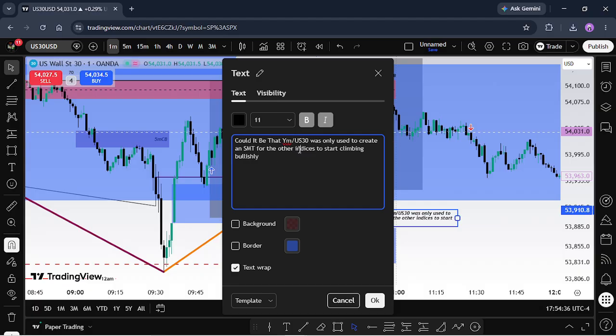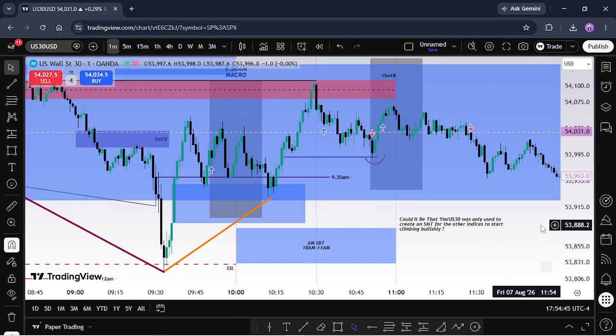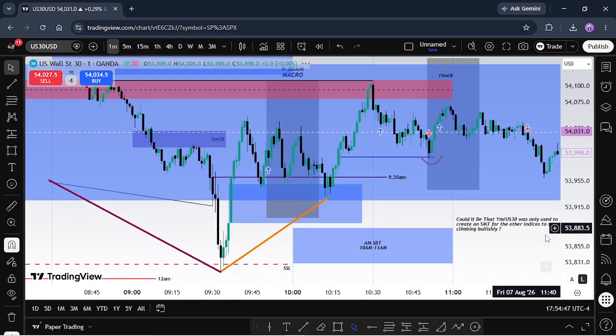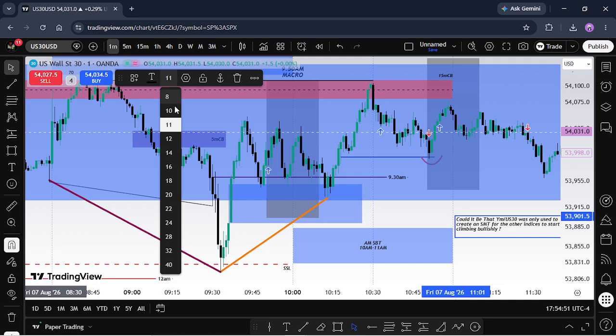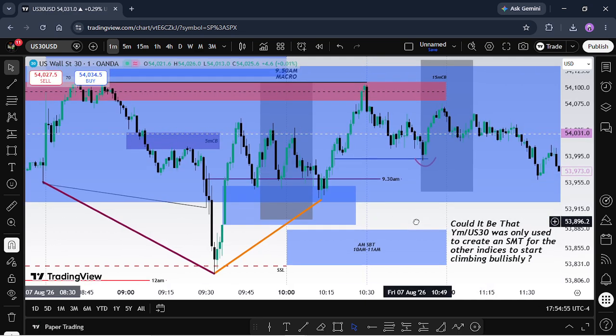We need to analyze that. That's something worth analyzing. Could it be that YM was only used to create an SMT for the other indices to start climbing bullishly?